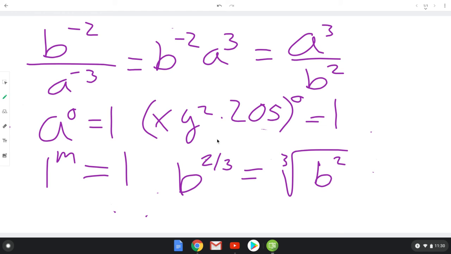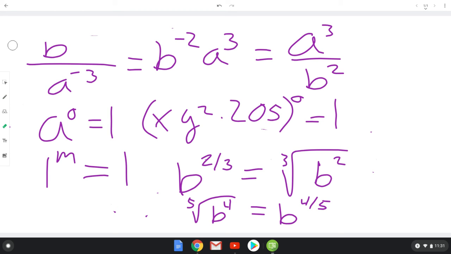That denominator becomes the index, and vice versa. If I wrote that, that's the same thing as b to the 4/5 power. So I can go in either direction with this. That's another big concept that we have covered in this unit.